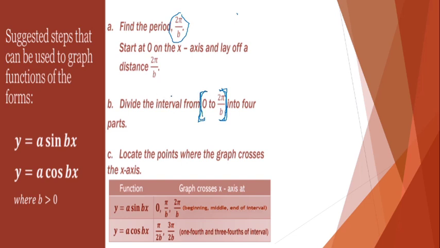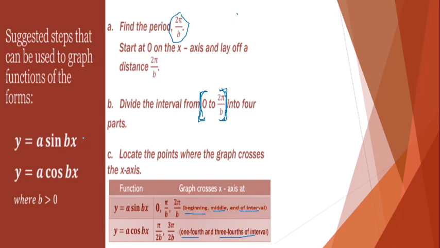Divide the interval from 0 to 2 pi over b into 4 parts. Step C: locate the points where the graph crosses the x-axis. For sine, you find the beginning, middle, and end of the interval. For cosine, it is the 1/4 and 3/4 of the interval.